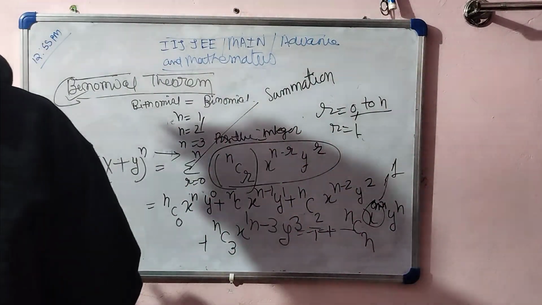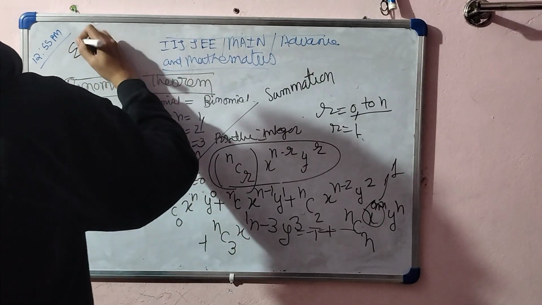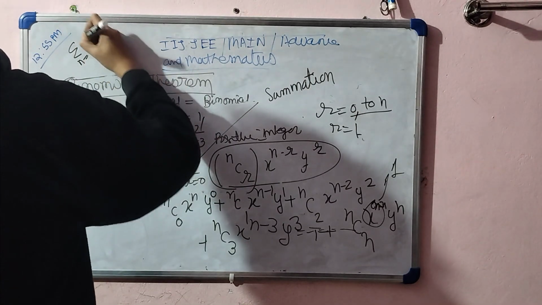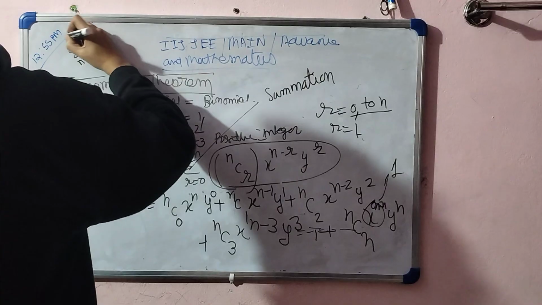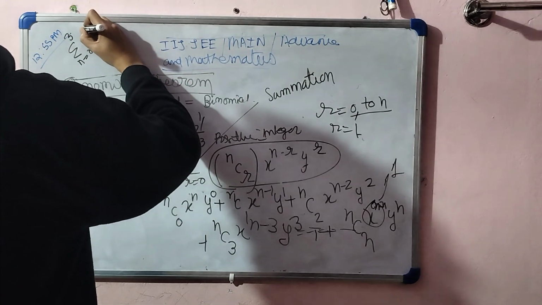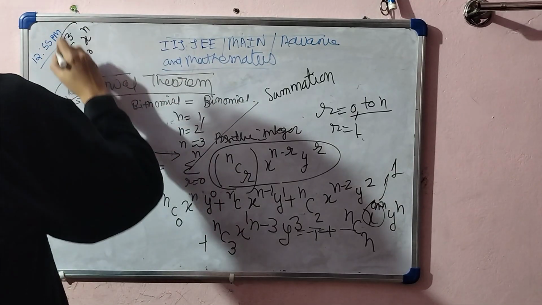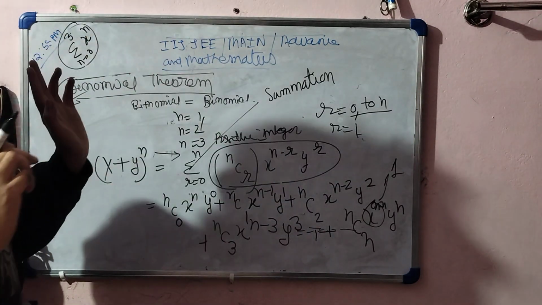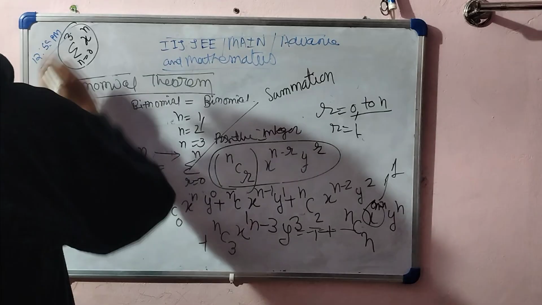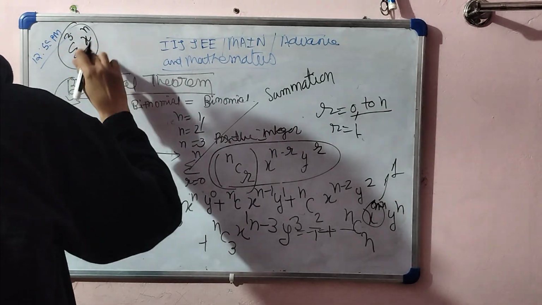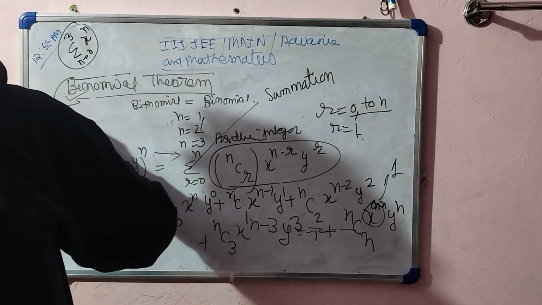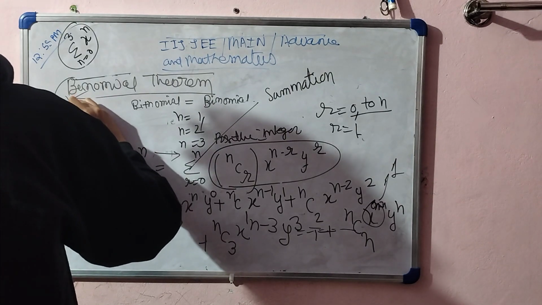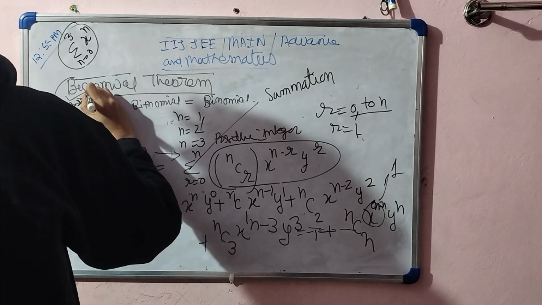If I consider sigma n equal to 0 to 3, x to the power n, then this is the expansion: x to the power 0 plus x to the power 1 plus x to the power 2 plus x to the power 3.